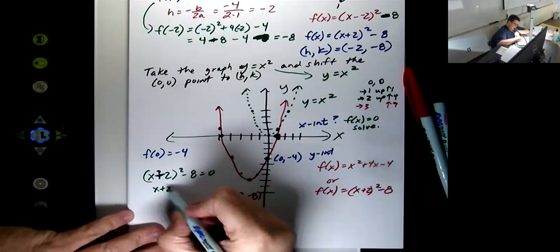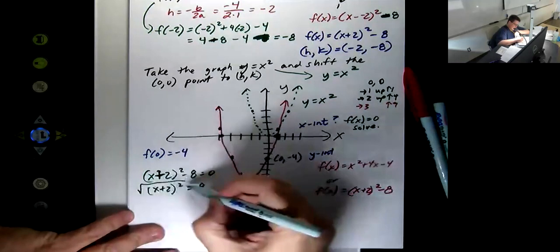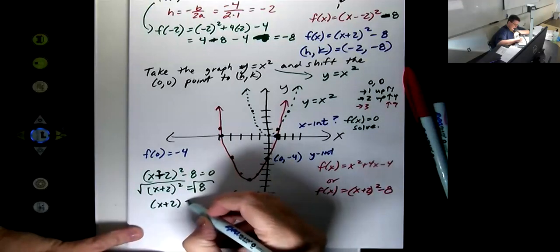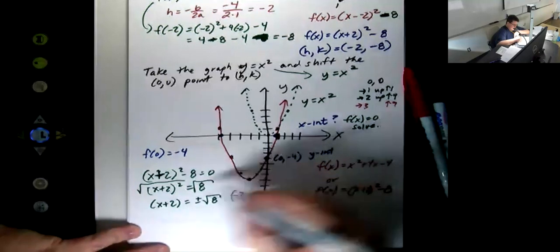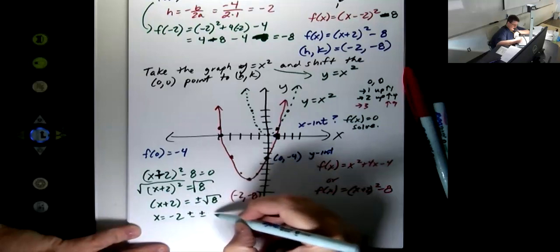X plus 2 squared equals 8. We take the square root of both sides. We get x plus 2 equals plus or minus the square root of 8. So x equals negative 2 plus or minus 2 root 2.